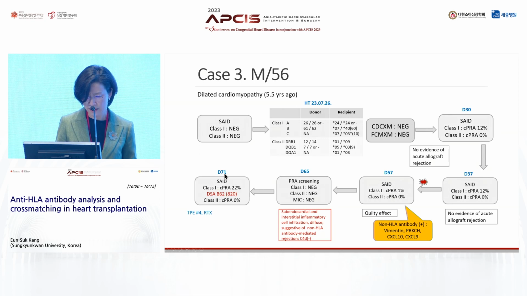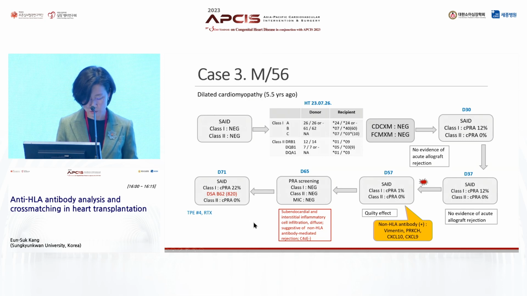Interestingly, by day 71, DSA to B62 appeared. But unfortunately, we could not obtain further information about antibody profiles because of fatal clinical course following desensitization treatment.